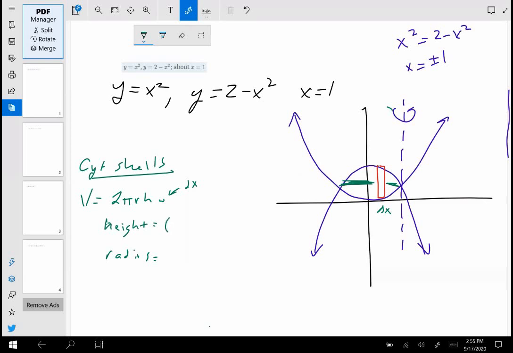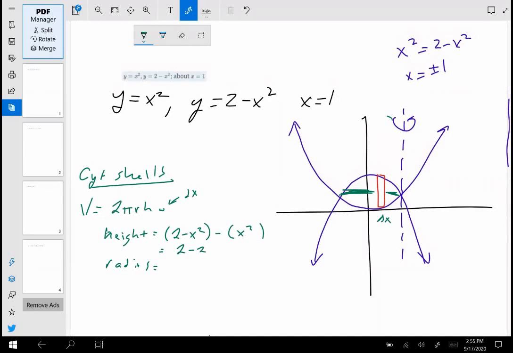So the height will be the 2 minus x squared minus the bottom function. So I'm going to go ahead and simplify that. Just combine my like terms, nice and simple.